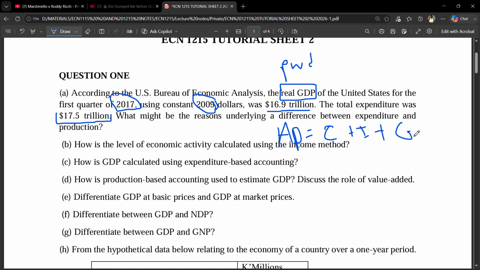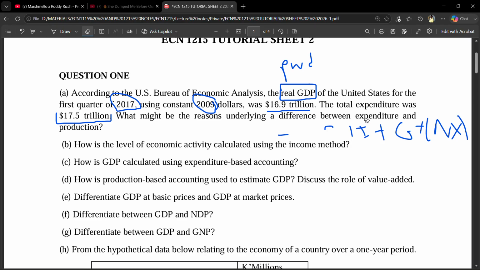This is an open economy, so as well we have the net exports. So the total expenditure that was there is 17.5 trillion.